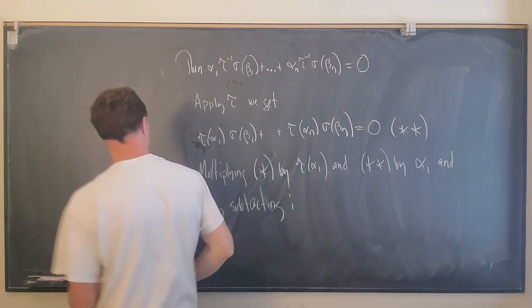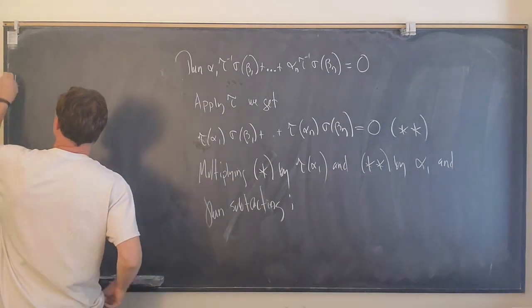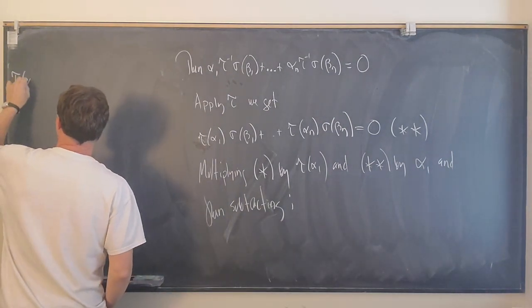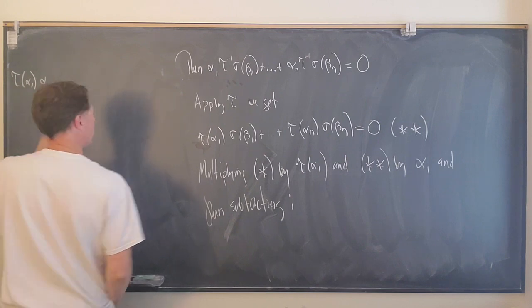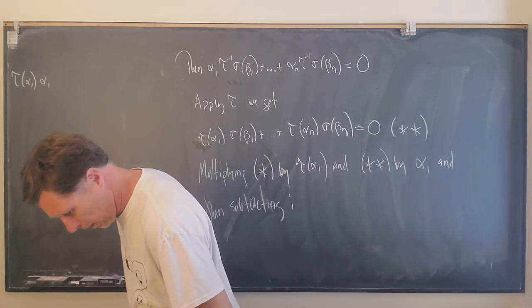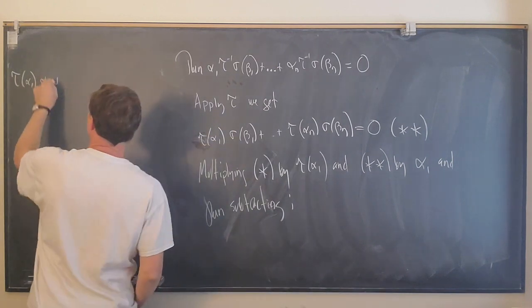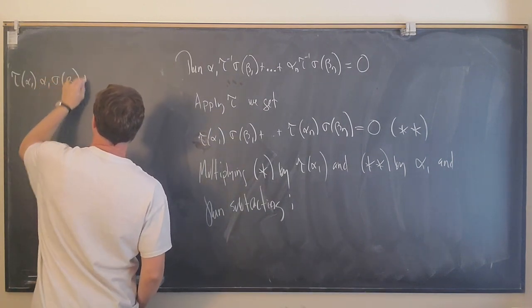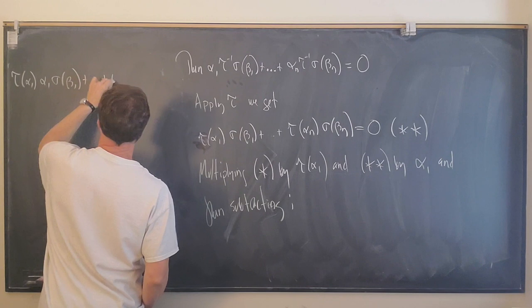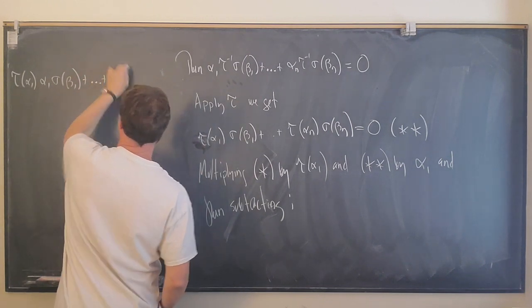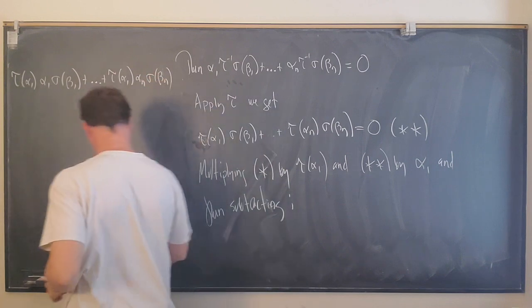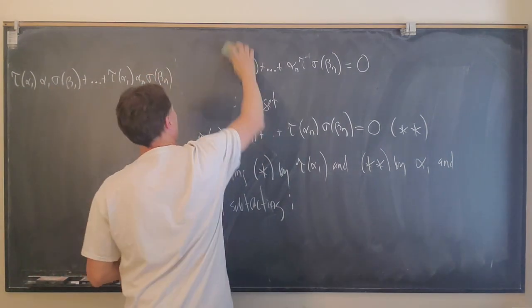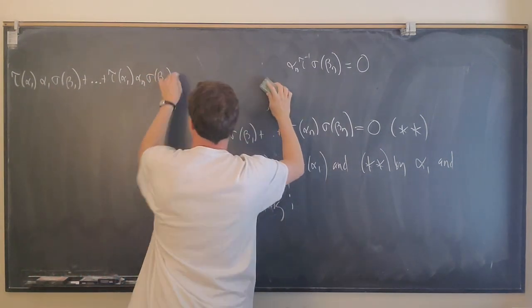So I hit the first equation by tau alpha 1. So it's going to be tau alpha 1 alpha 1, sigma beta 1 plus dot dot dot plus tau alpha 1 alpha n sigma beta n. That one's equal to 0.